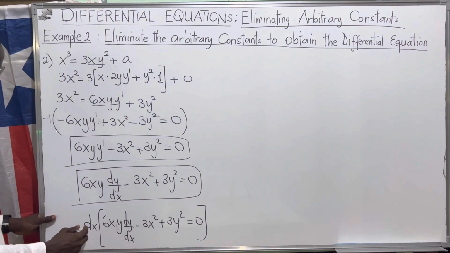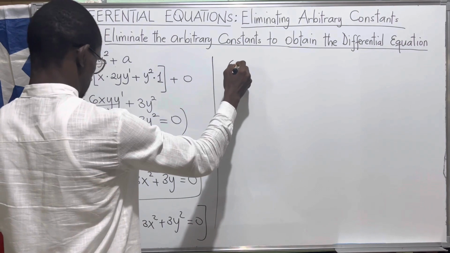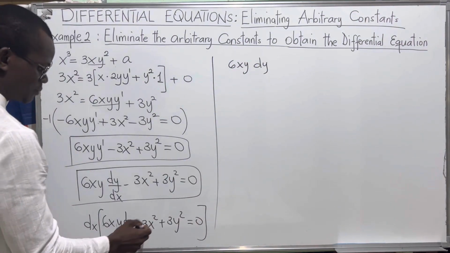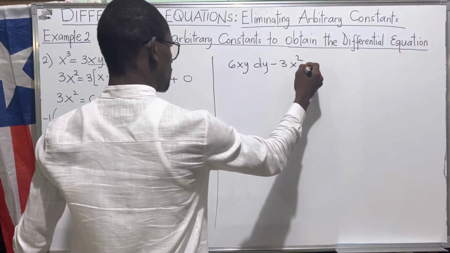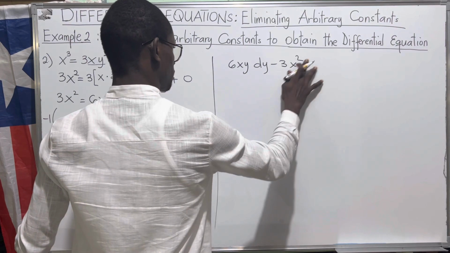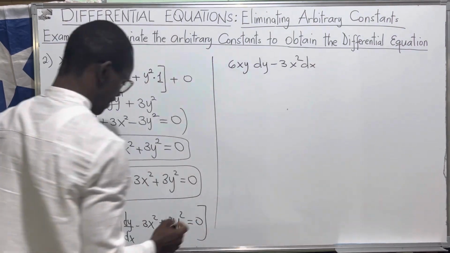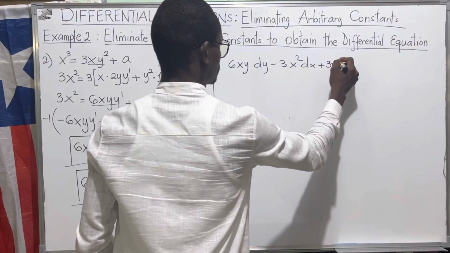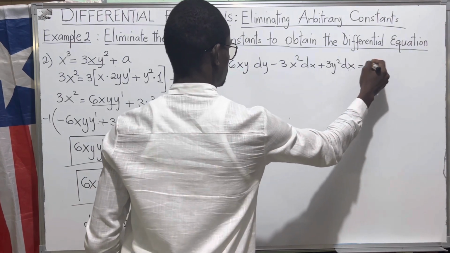If I multiply the whole thing by dx, I'm just going to have 6xy dy, minus 3x squared dx, and then plus 3y squared dx again equals 0.